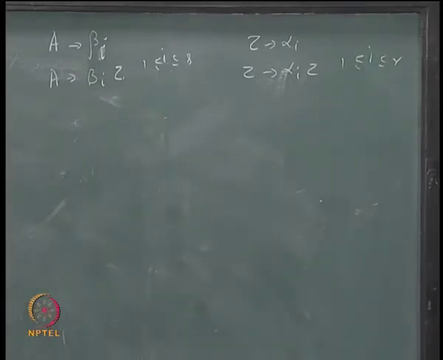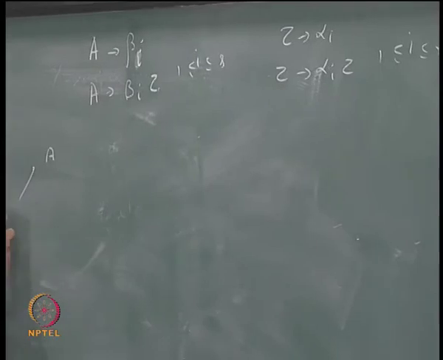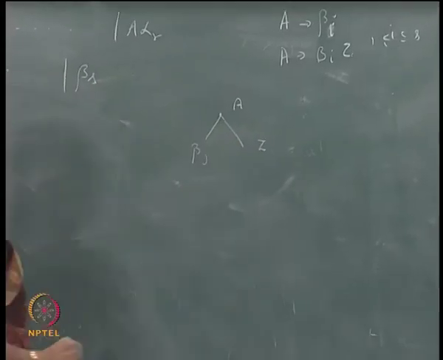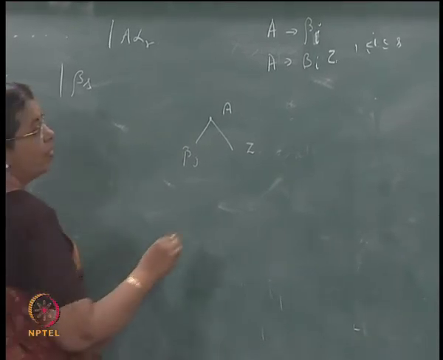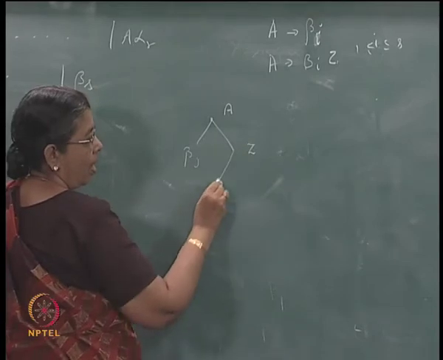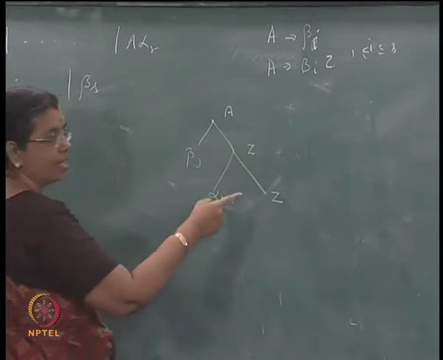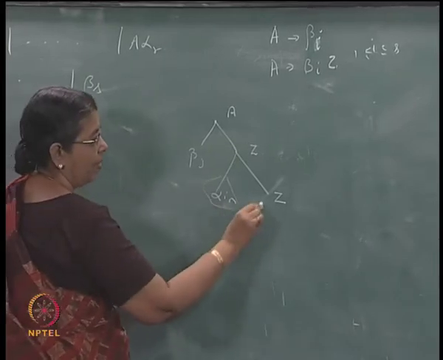Now, how do I get the same effect with these rules? Start from A, then use the rule beta j Z. Then you use the rule Z goes to alpha I n Z, you have such a rule. From this again you can derive something.